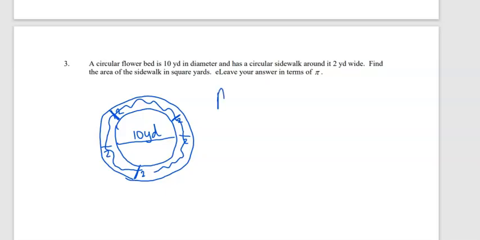So what you would do is you're going to find the area of the big circle and then remove the area of the small circle. And when you remove this small circle from the big circle, what you're left with is the area of that sidewalk. So what we need for area is the radius.